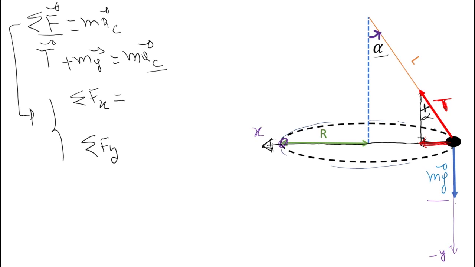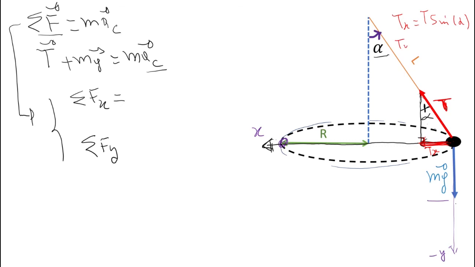We need to look for the opposite side of alpha. We said last time, if I'm looking for the front side of the angle, I will use the sine of the angle times the hypotenuse. That means this Tx will be the hypotenuse times sine of alpha. So Tx will be T sine of alpha.